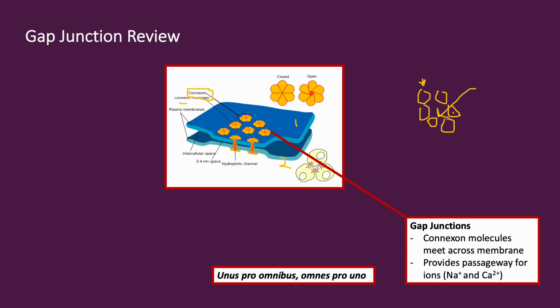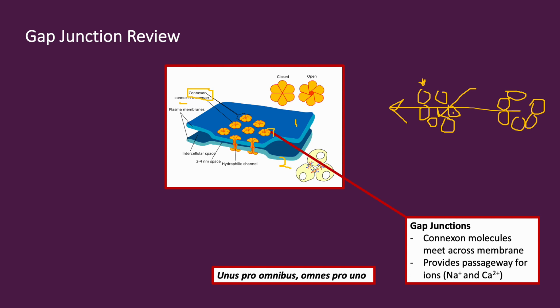Okay? And then we have a connexon, that molecule, on each side of the membrane. So over on the other membrane, we would have 6 connexin subunits that form one more connexon. And when these two come together, they form a tunnel through the membrane. And we can see that here.